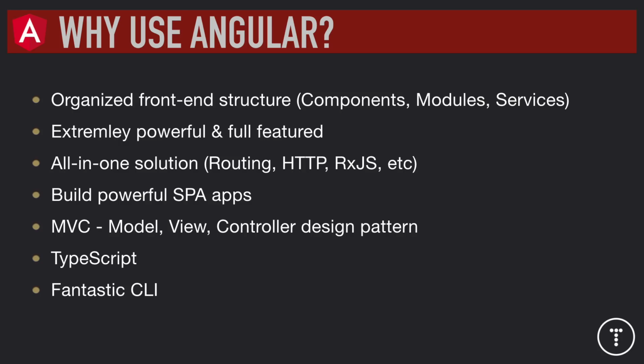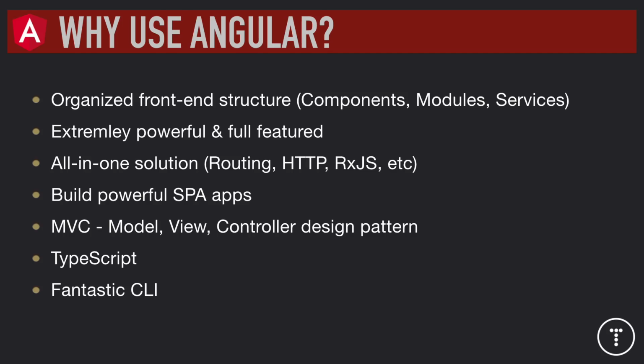However, it could be overkill for many small applications. It is an all-in-one solution, meaning it has a router, it has its own HTTP module, it uses the RxJS library, which is reactive extensions. It includes things like observables for asynchronous data, so it's just packed with different features and different concepts.